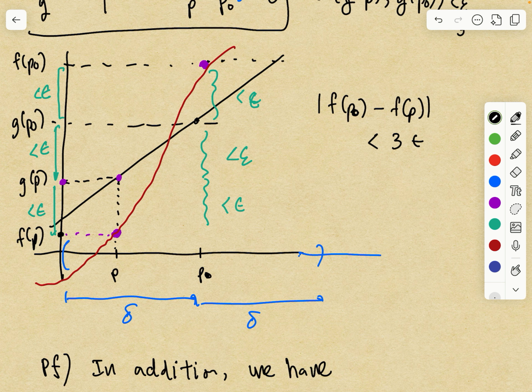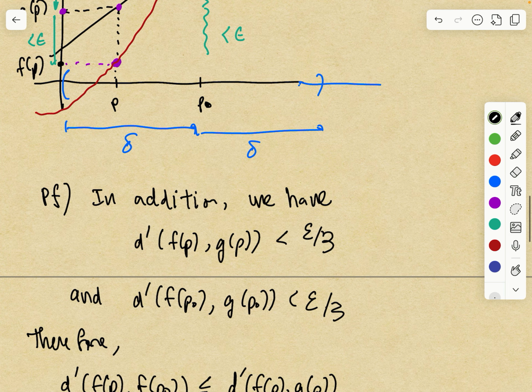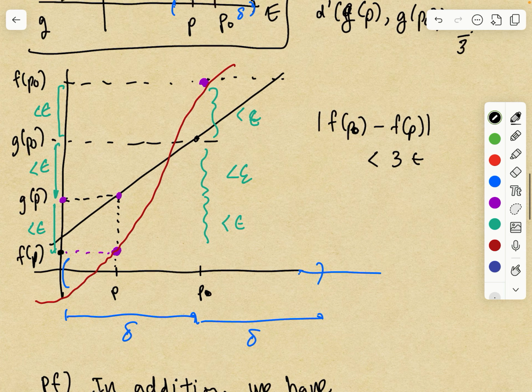And then since g approximates f, you get a bound on the other two distances you need. Then you use the triangle inequality, and that shows that the distance between f of P and f of P naught is less than epsilon.